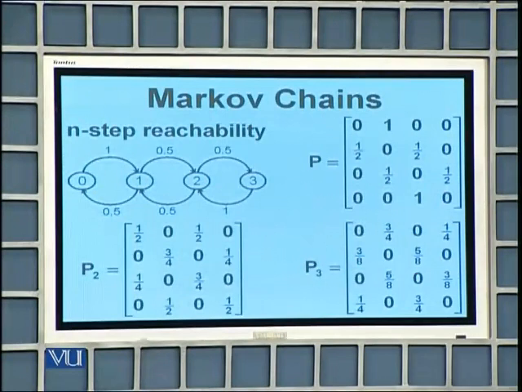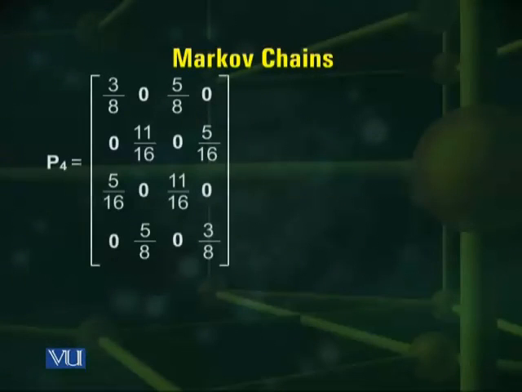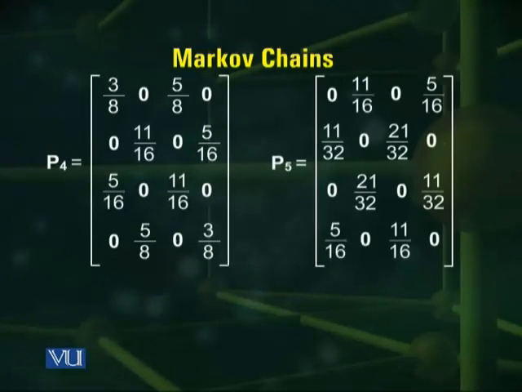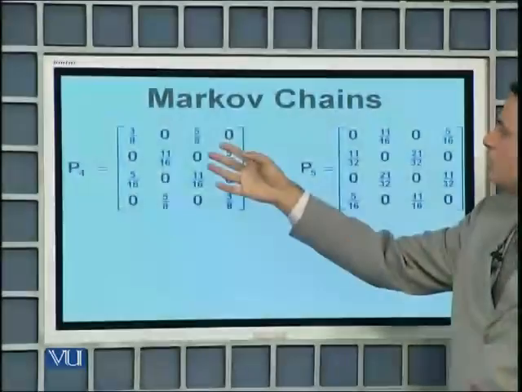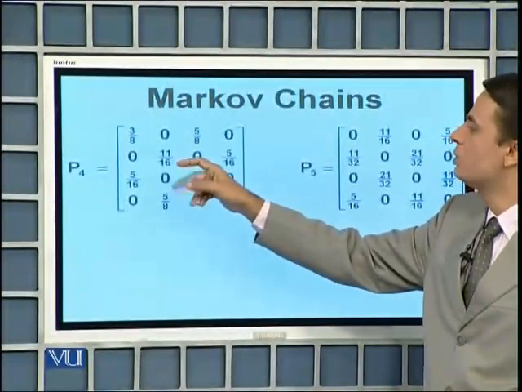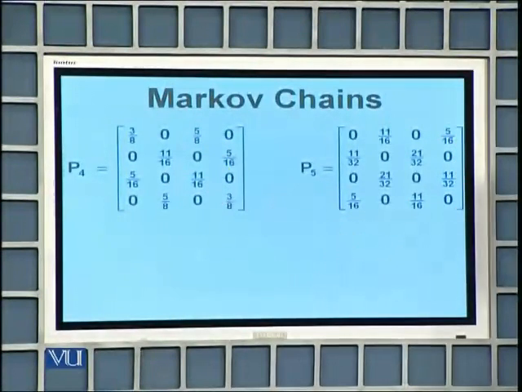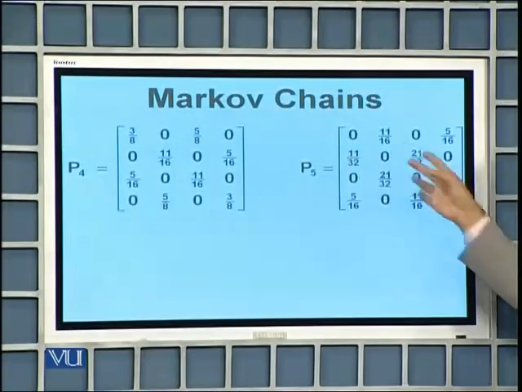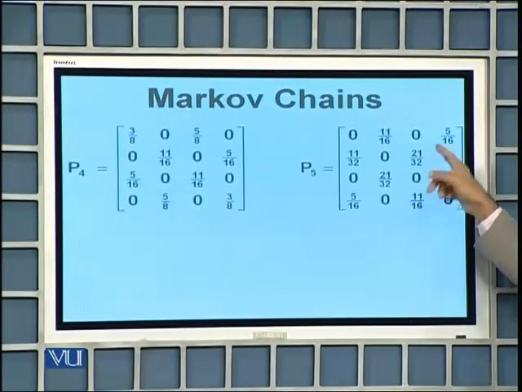If you take large powers of the 1-step matrix, you will notice something. In the 4-step matrix, only the values of the transition probabilities differ. Similarly for the 5-step matrix, the values are different, but still there are many zeros.